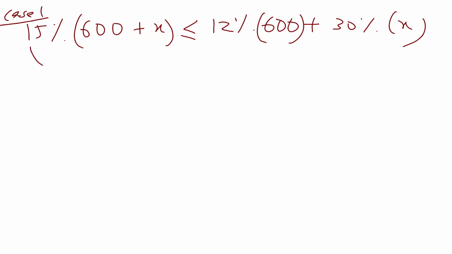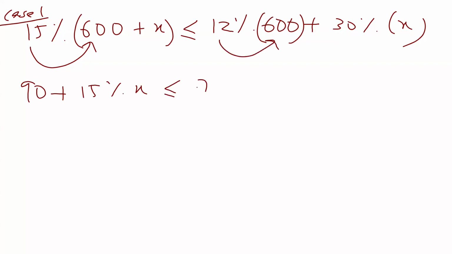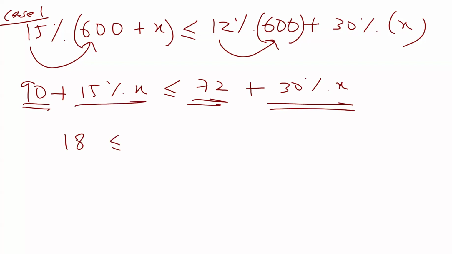So we'll multiply: 15% of 600, that is 90, plus 15% of x less than or equal to 12% of 600, that is 72, plus 30% of x. So 90 minus 72, which is 18, less than or equal to 30 minus 15, which is 15% of x, that is 15 upon 100 x.